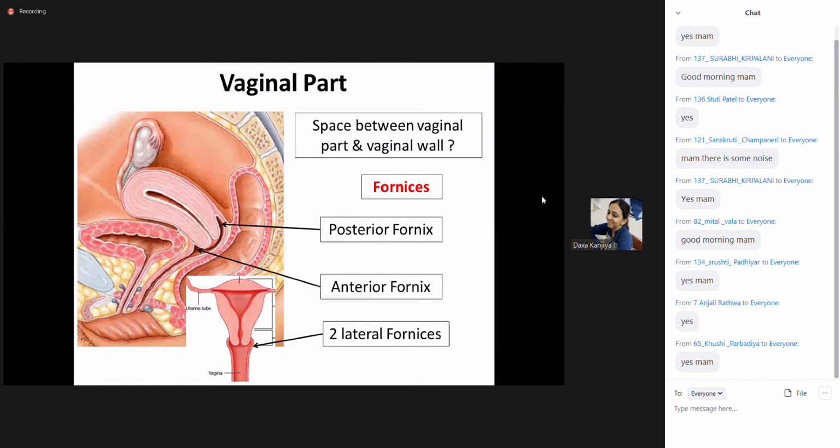So what is a fornix? It is a space between the vaginal wall and the vaginal part of the cervix. Here you can see the space. Out of the four fornices, the posterior fornix is the deepest one. Posterior fornix is the deepest.